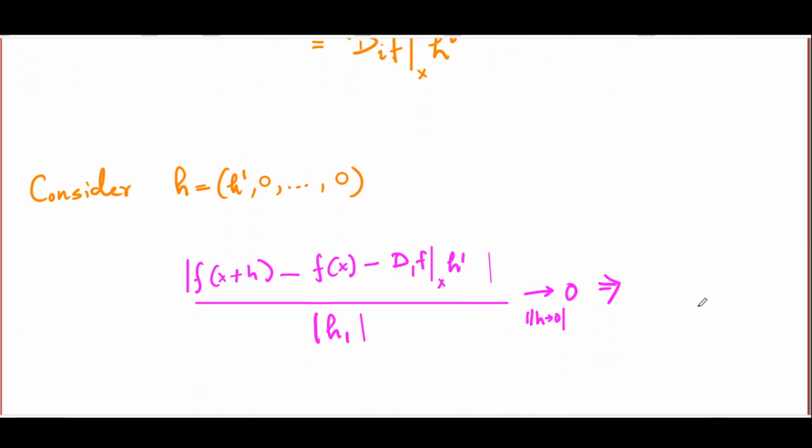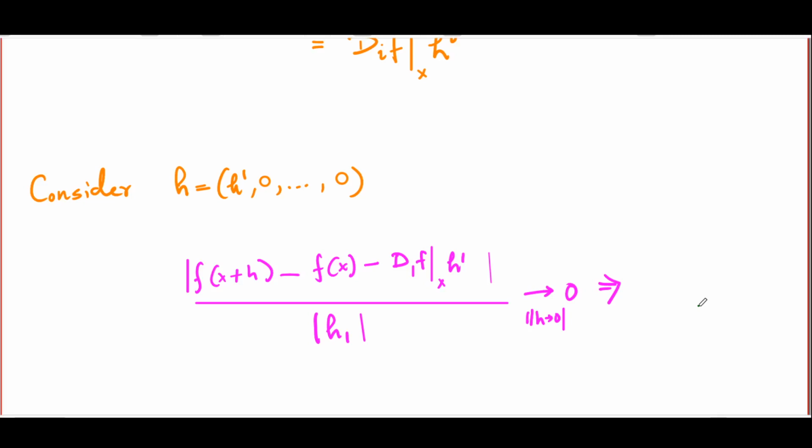Now, the demand that we have on df here simply becomes the following. f of x plus h, here h of course is just h1 with a bunch of zeros, minus f of x, minus d1f at x times h1. Note that because h1 is the only non-zero component of h, df at x acting on h simply becomes d1f at x times h1.